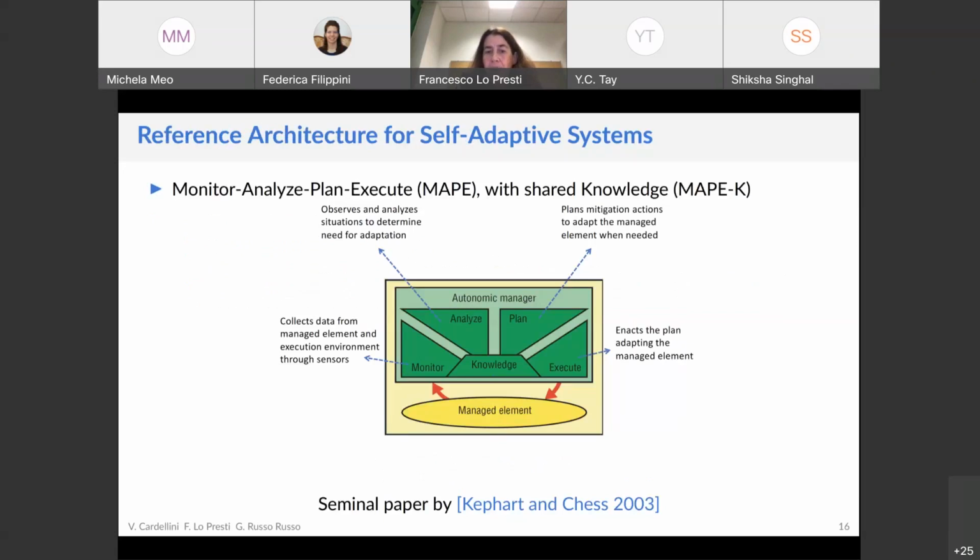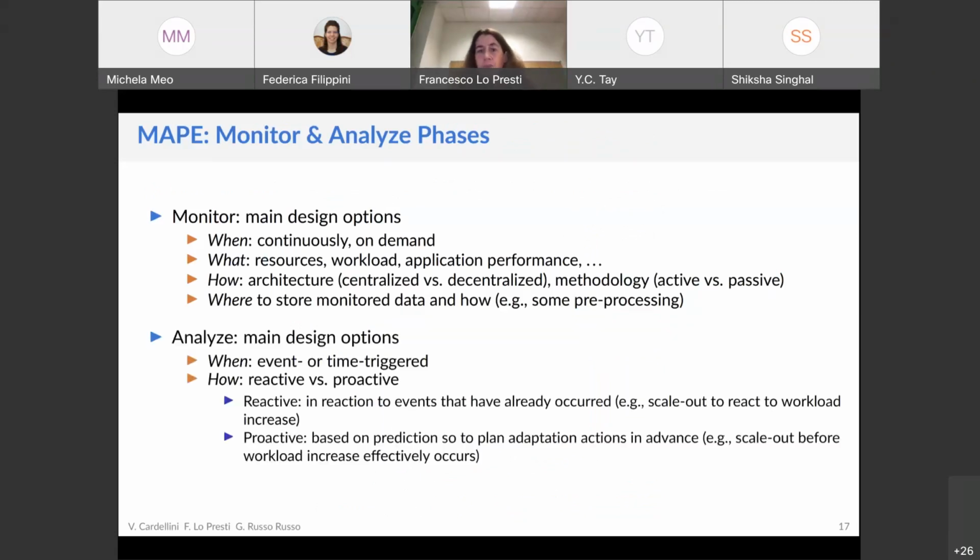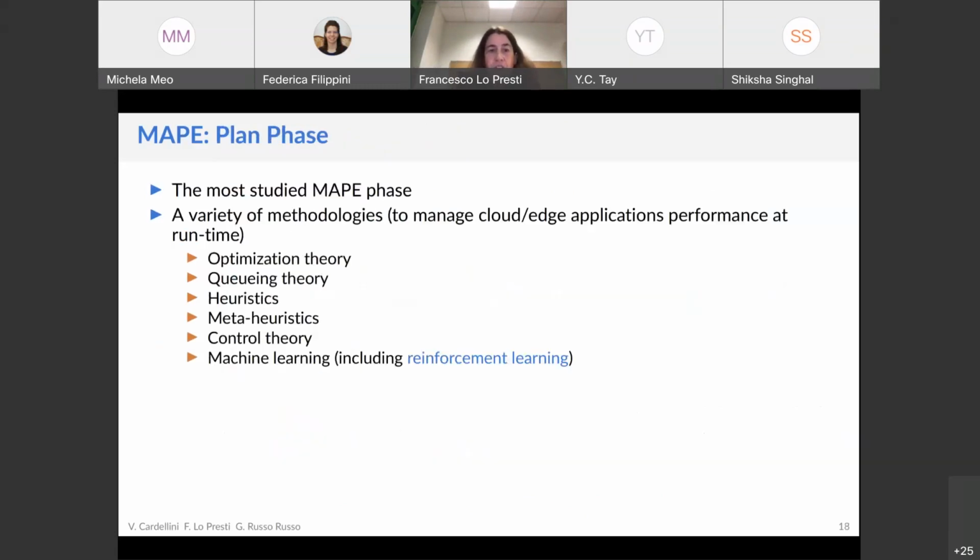There are many solutions regarding the monitor and the analyze, and you have various design options that you can consider, but I will skip them because our focus is on the plan phase, because in our tutorial we want to use reinforcement learning as a methodology to manage at runtime the performance of applications. Of course, reinforcement learning is not the only methodology that you can use.